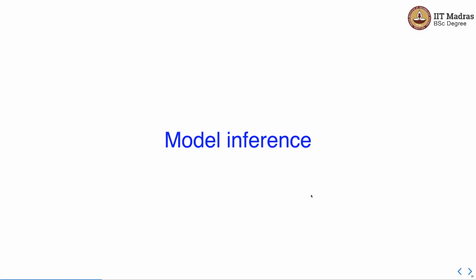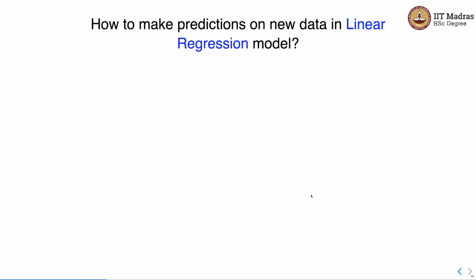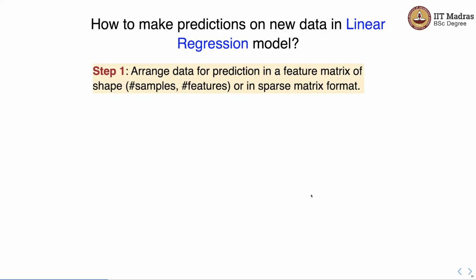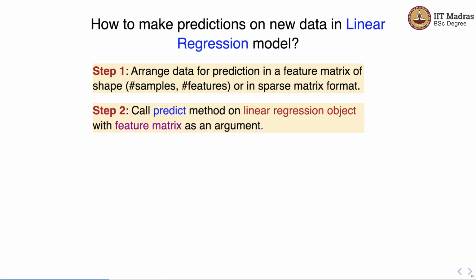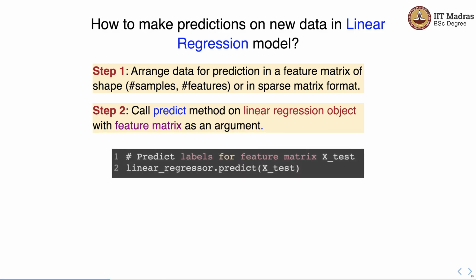So let's understand how to make inference in sklearn. The specific question we are asking is how to make predictions on new data in a linear regression model. There are two steps. We first arrange data for prediction in a feature matrix of shape number of samples by number of features, or in a sparse matrix format. In step 2, we call the predict method on the linear regression object with the feature matrix as an argument.